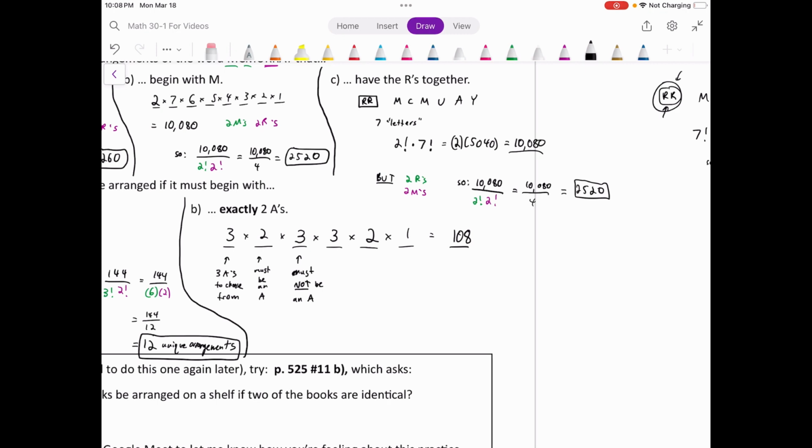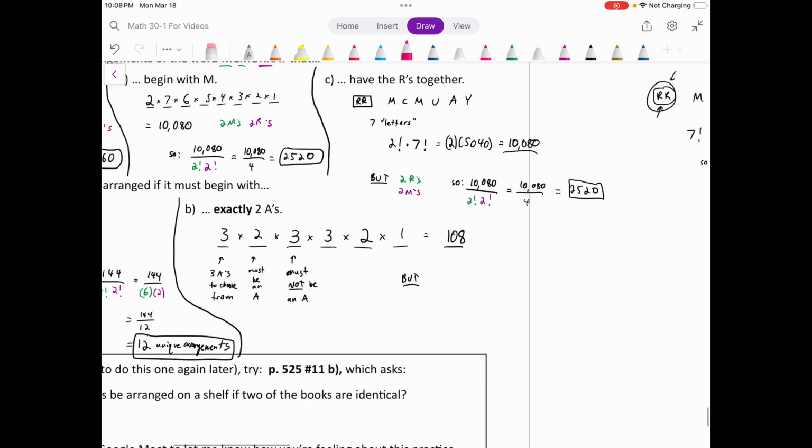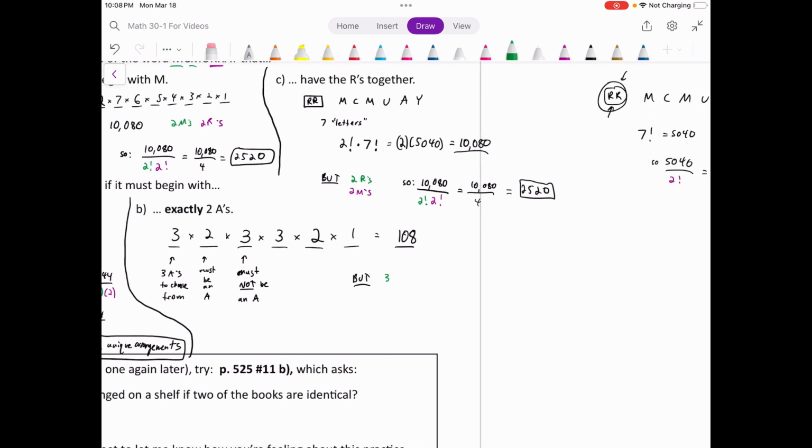Okay, but what are we forgetting? The repeats, right? The identical elements. We've got 3 A's and 2 N's. So we need to take that 108 different, quote-unquote, different ways, because a lot of them actually aren't different. In fact, a factor of 6, or 3 factorial, and a factor of 2 factorial.